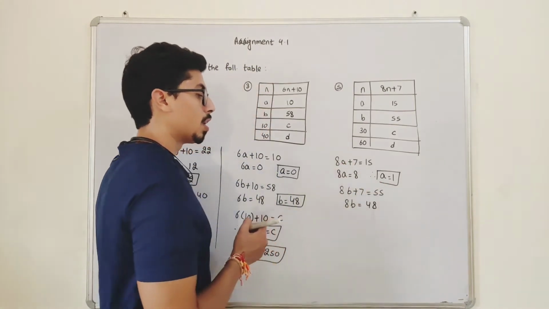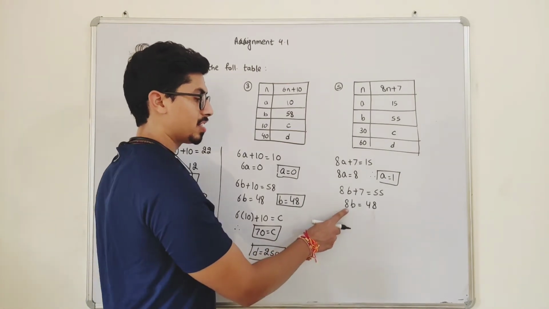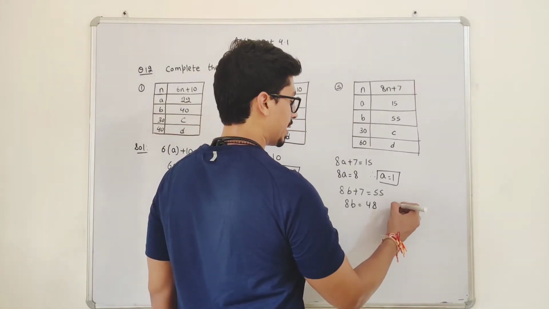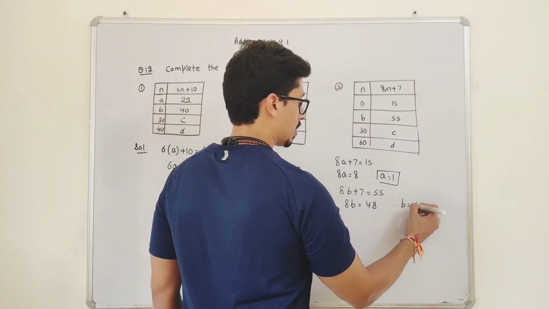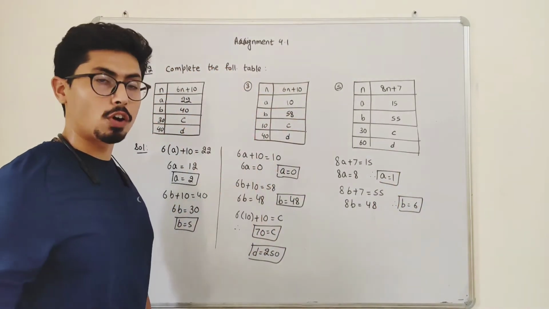Yes, it will be 48. 8 is in multiplication. When it goes here, it will be in division. So 48 divided by 8 will be 6, because 8 sixes are 48.